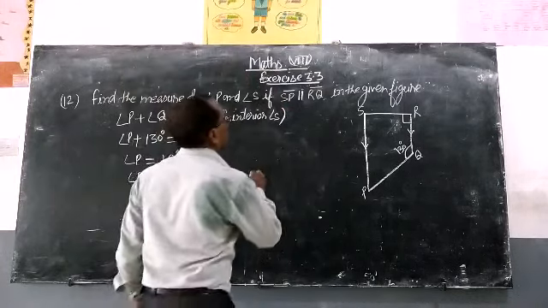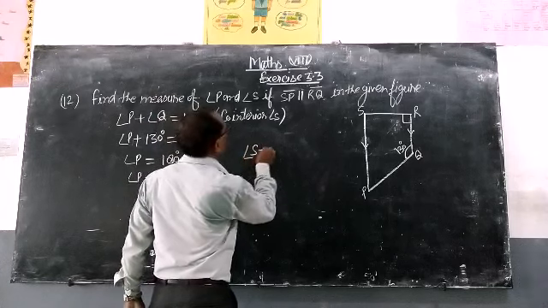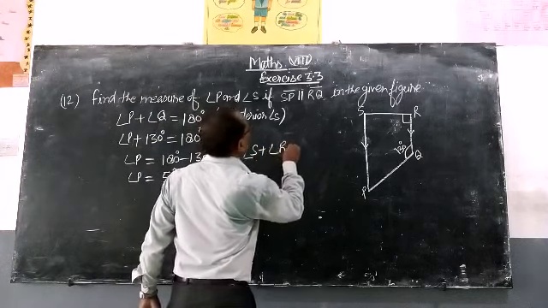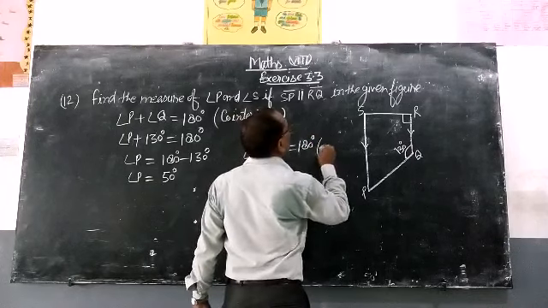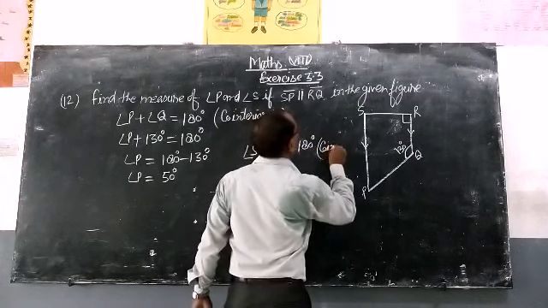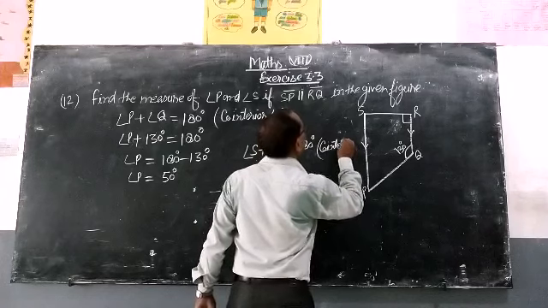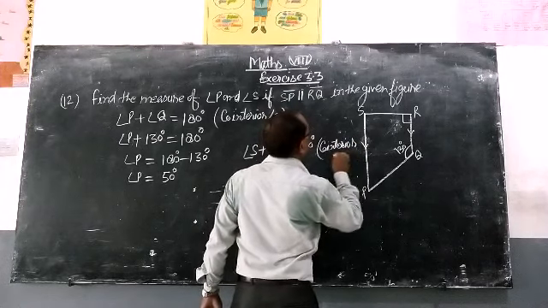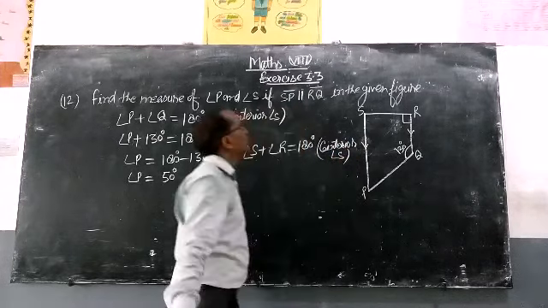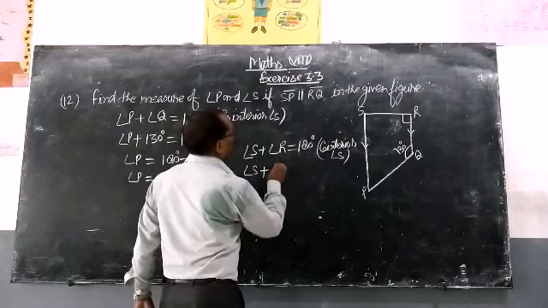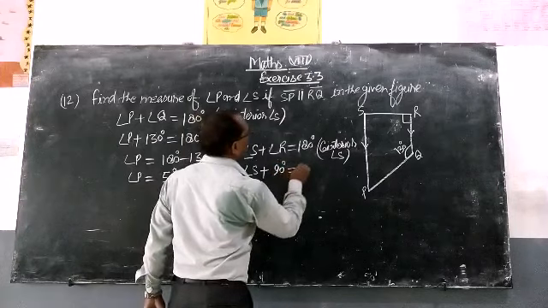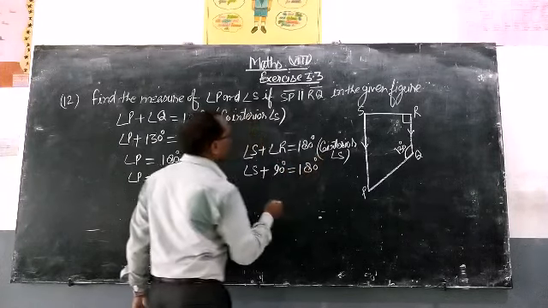Then you write angle S plus angle R is equal to 180 degrees, co-interior angles. Angle R is equal to 90 degrees, then 180 degrees.